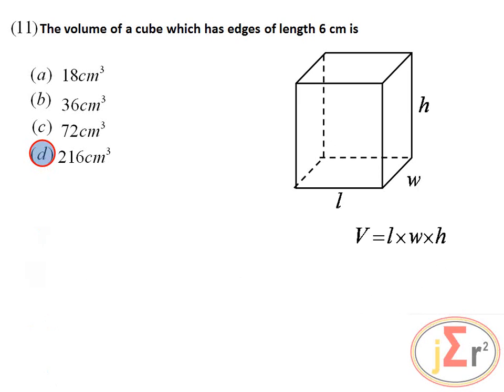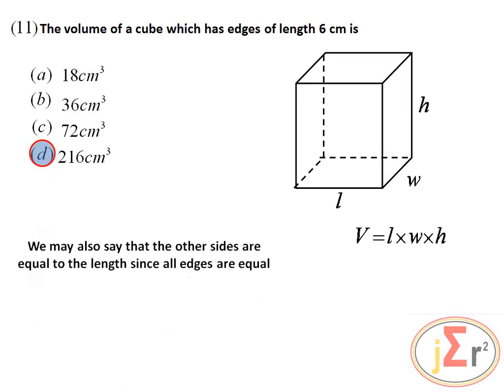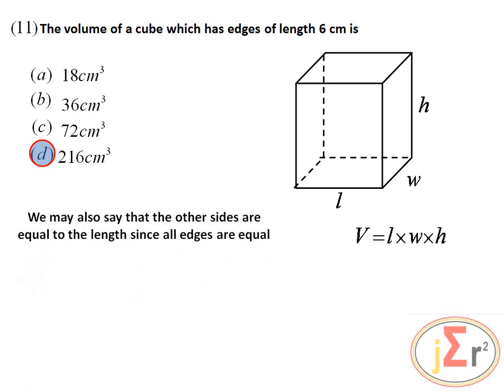Let us take another go at it. We may also say that the other sides are equal to the length, since all of the edges are equal. So we remove the width and the height and we put L. All of them are L. All of them are equal. So the volume is equal to what then?